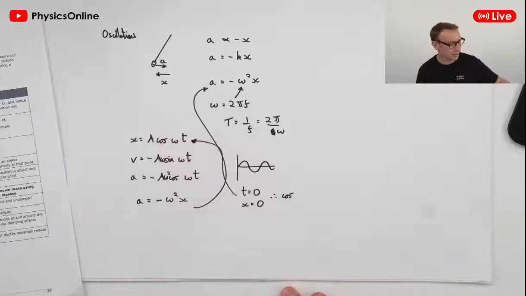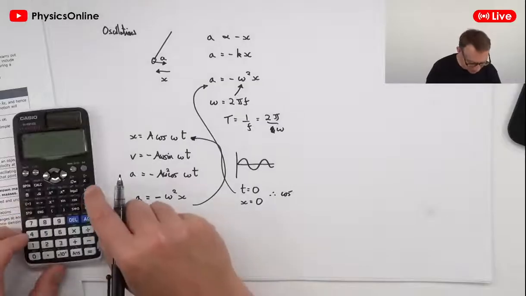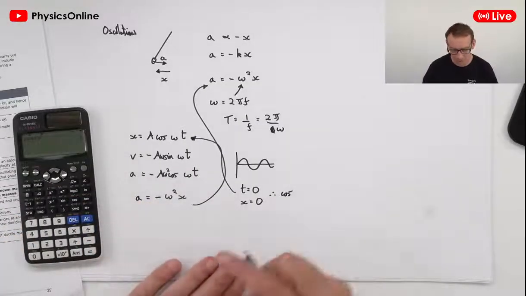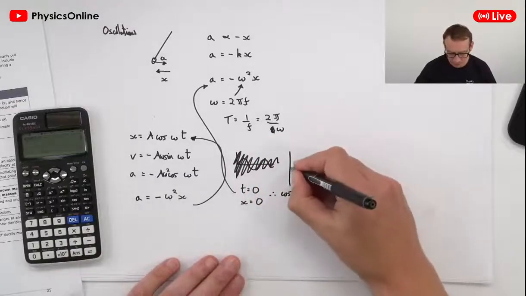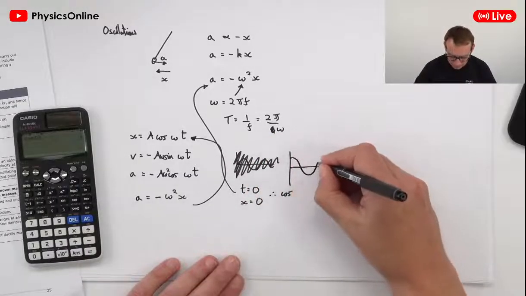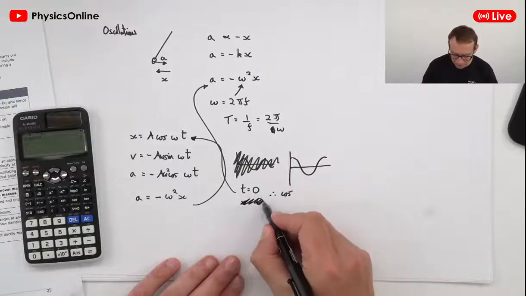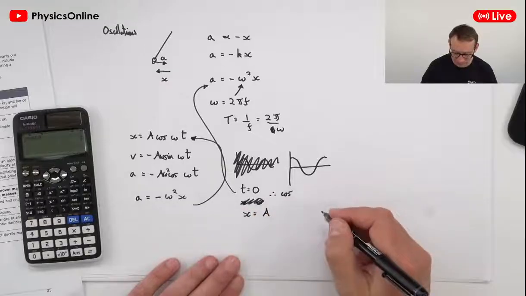I've forgotten which is cos and which is sine. Cos 0 is 1, isn't it? So at time equals 0, x is equal to the amplitude.